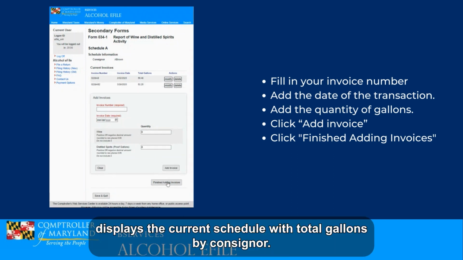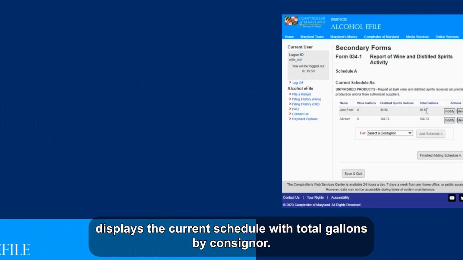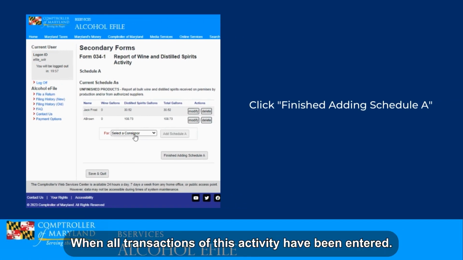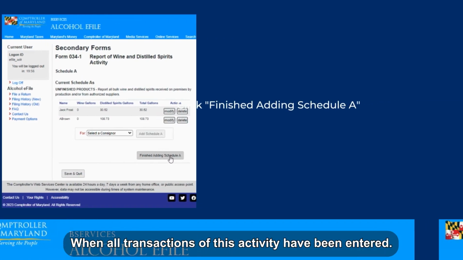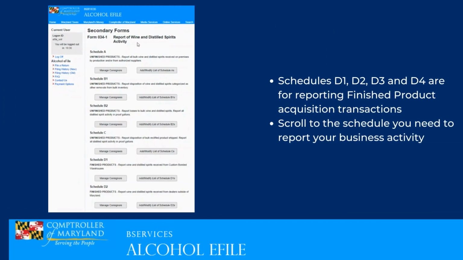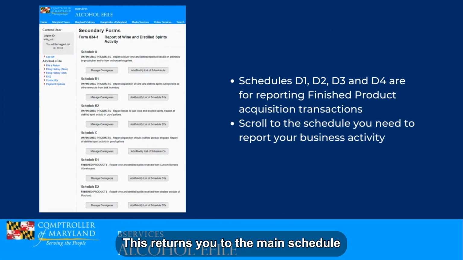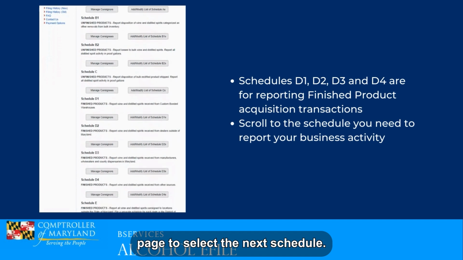The system displays the current schedule with total gallons by consignor. Click Finished when all transactions of this activity have been entered. This returns you to the main schedule page to select the next schedule.